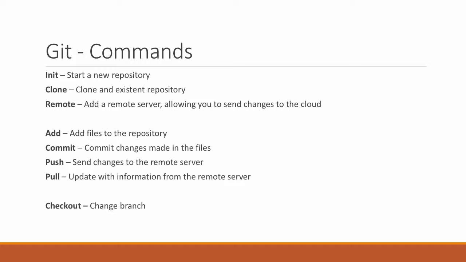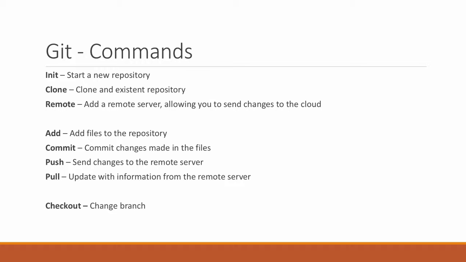Important about Git is that you have commands. The first thing you need is init, to start a Git repository. So if you have a folder with source code there and you want to start managing that code, you can just use the init command and Git is working, and you can start to manage the branches and all the changes on your code.